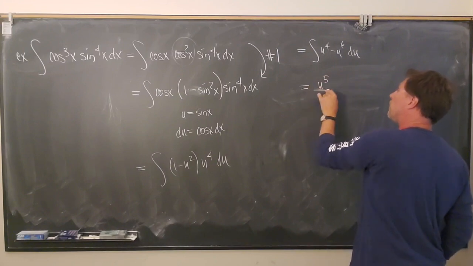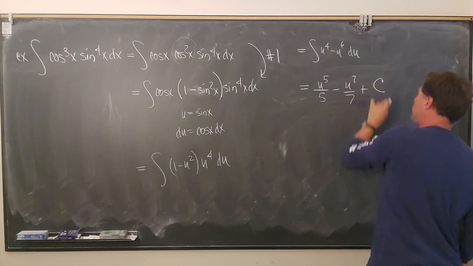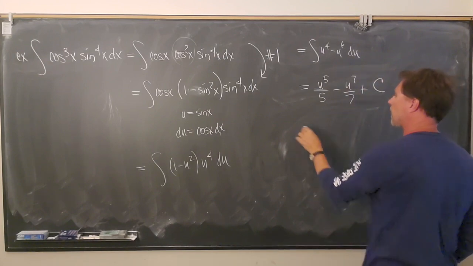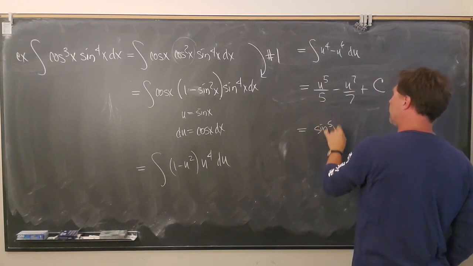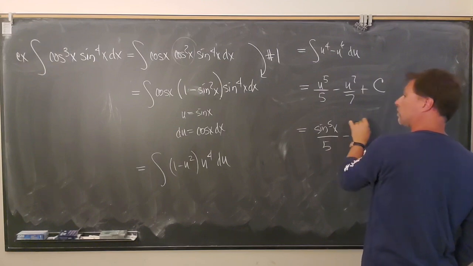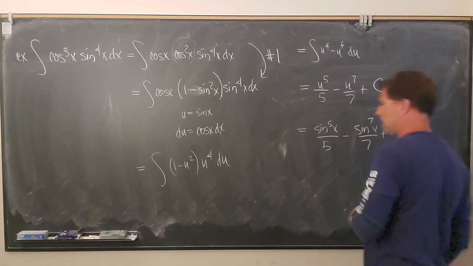That's u to the 5th over 5 minus u to the 7th over 7 plus c. Substitute back. That's going to be sine to the 5th x over 5 minus sine to the 7th x over 7 plus c.